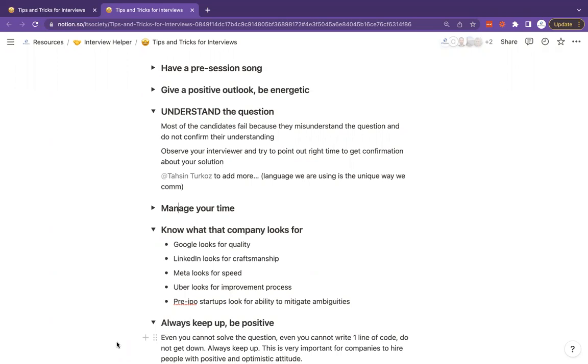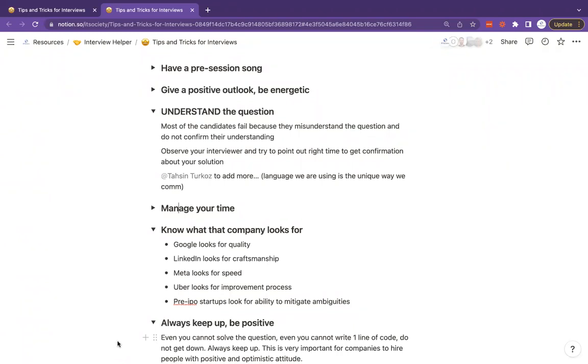I mean, you cannot get into these companies without solving any of the questions, that's for sure. But small failures are compensated by your social skills, your positiveness, actually.